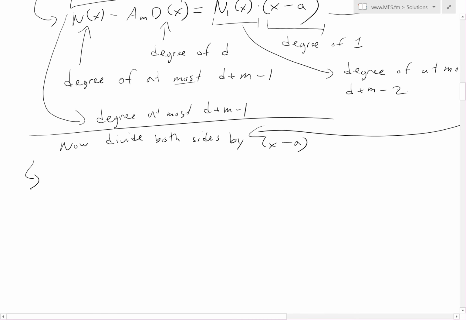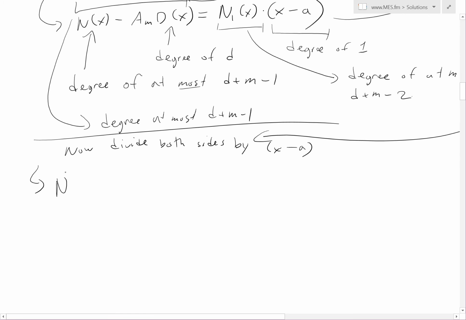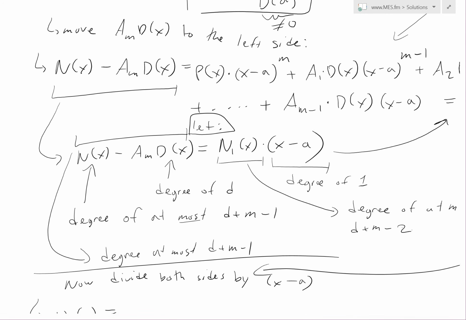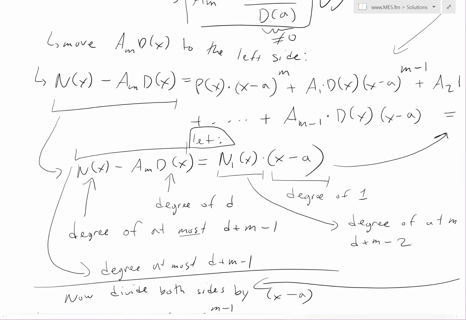So what we get, moving this to the left side, is n1 of x equals p of x times x minus a to the m minus 1, because we're dividing by an x minus a.